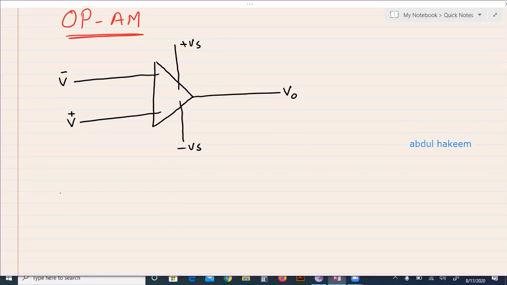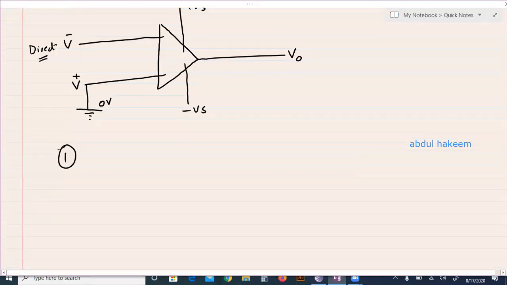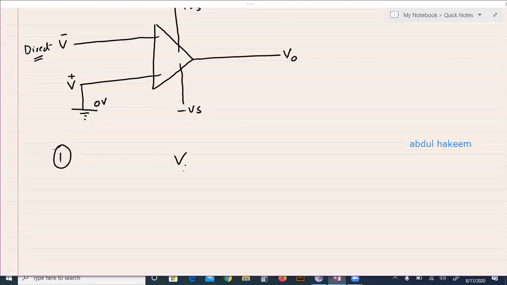Now suppose number one, if this terminal is connected with the earth, so this becomes 0, and direct voltage is supplied to this terminal, which is Vn. Then according to the formula, V out is equal to A naught times the difference of the input.